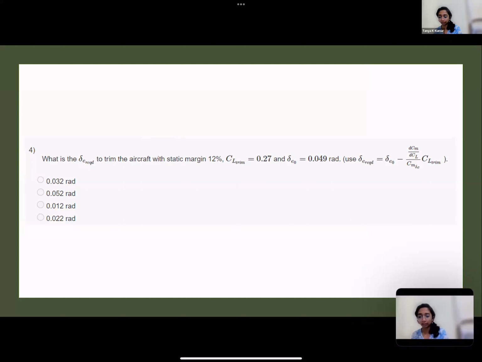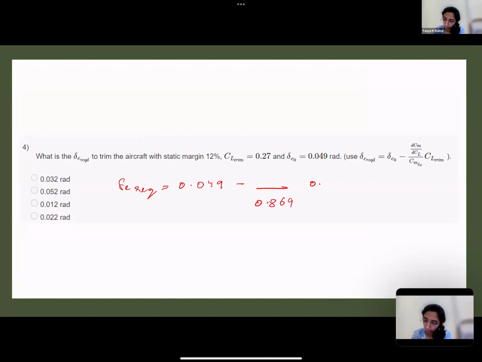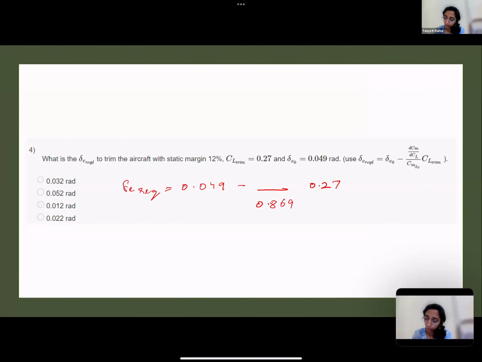Delta E required: delta E naught is given to you directly, 0.049 minus, what is DCM upon DCL? The denominator you just found out. It's 0.869. What is the numerator? CL trim is 0.27. So what is DCM upon DCL? What is the numerator?